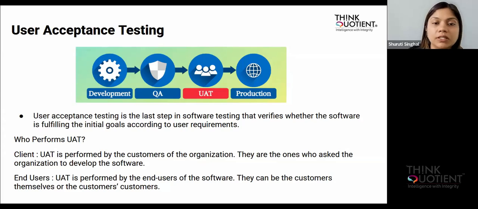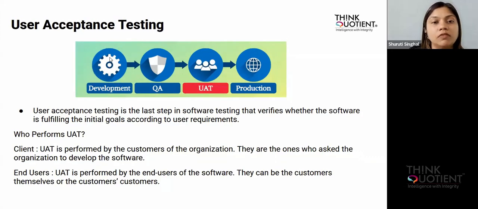That means user acceptance testing, which is the last step of software testing, where we actually verify that the software is fulfilling the initial goals which are stated by the user requirements. As you can see in the diagram also, the development is done, then we have the QA team, then we have the UAT team, and then it goes into production. This is how the cycle actually goes through.